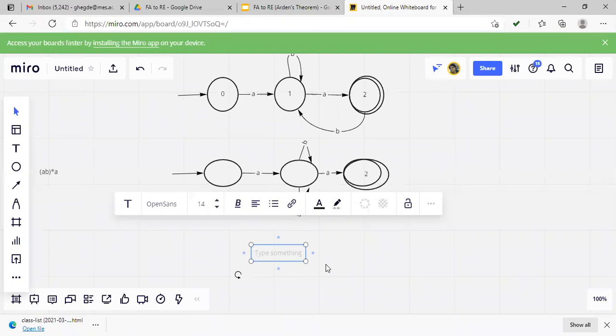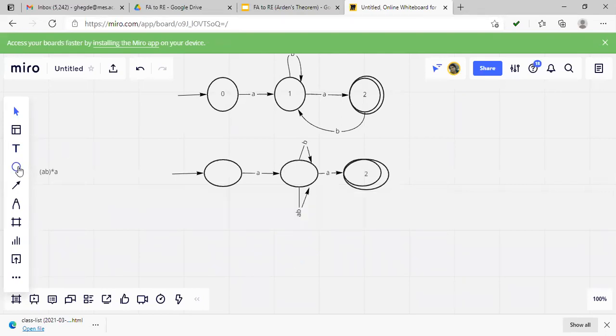Any other answers? Okay, students, I want to make a small doubt clear here.